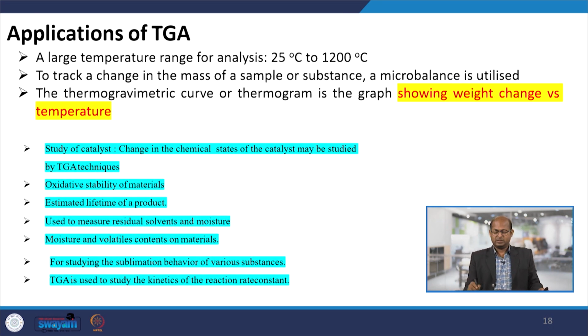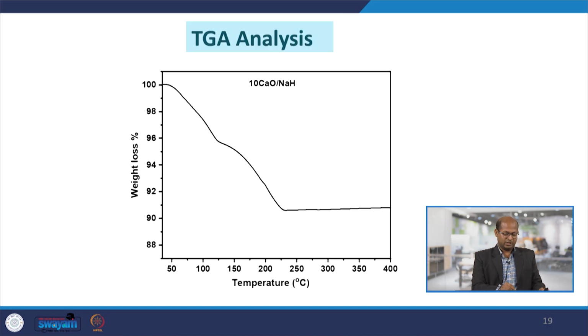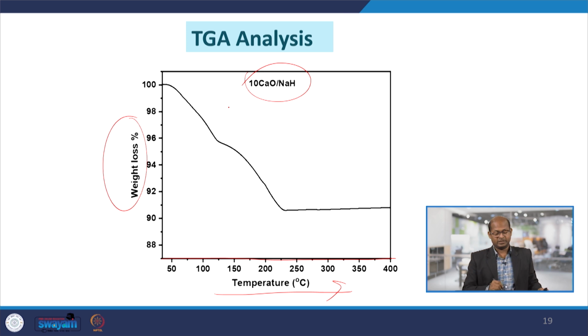if there is weight loss or weight change versus temperature, we can get this type of graph, a thermograph. Here the y axis gives weight loss and the x axis gives temperature. At what temperature, see, here this material was taken and TG analysis was conducted. Here you can see one peak, let us say at approximately 120 degrees centigrade.